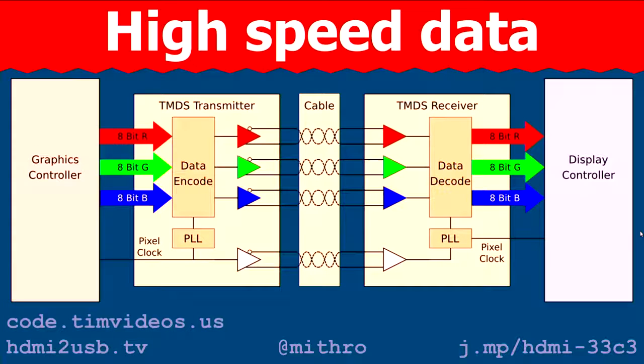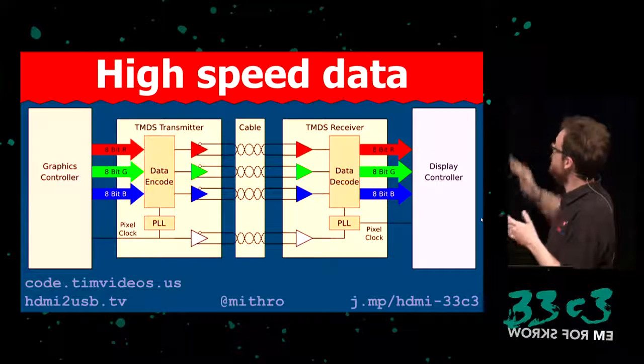And so this is kind of what the whole system looks like. You have your red, green, blue channels. You take your 8 bits of input data on each channel, and you convert it to the 10 bits that we're going to transmit, and it goes across the cable, and then we decode on the other side.